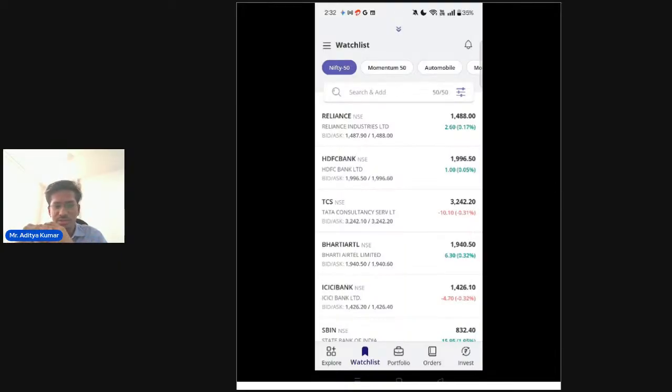For the first few minutes, as you can see, I've just logged into our app. We will be walking through the SBI Securities app for the whole time. Starting right from the login screen, you will be seeing this watchlist section. I will introduce you to the different sections and highlight some newly added features that can assist you in making informed investment decisions.